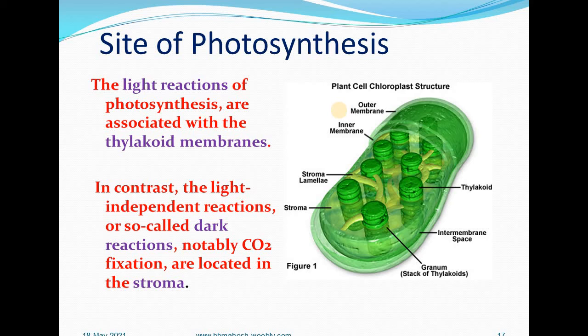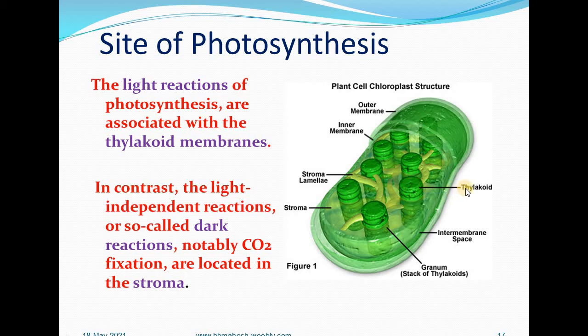It has two membranes, the outer membrane as well as the inner membrane. Inside this chloroplast, you can observe plate-like structures arranged one above the other.